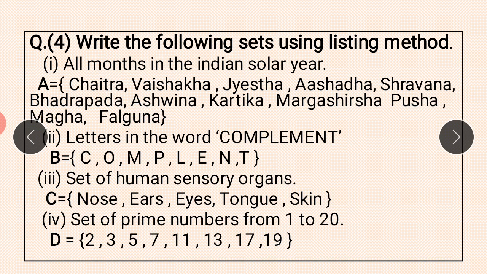You write down all the Marathi months in the Indian solar year: Chaitra, Vaishakha, Jeshta, Ashadha, Shravana, Bhadrapada, Ashwina, Kartika, Margashisha, Pausha, Magha and Falguna, curly bracket complete. You write down all the 12 months in the Indian solar year.